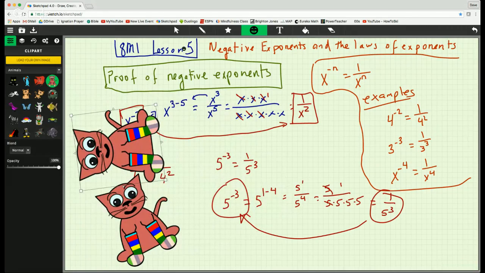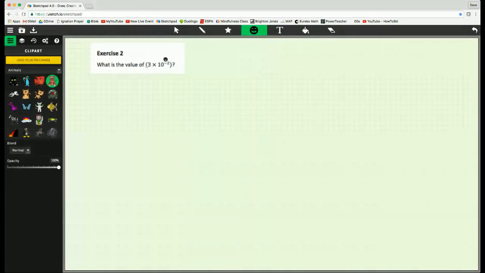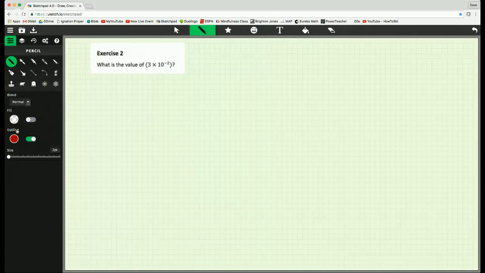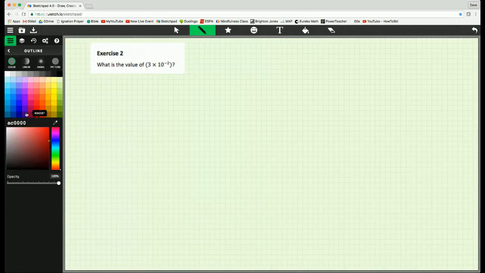So now we're going to do a few examples. We'll come back to this one in a second. So an example for you is, what is 4 to the negative 10? Well, that's just 1 over 4 to the 10th.